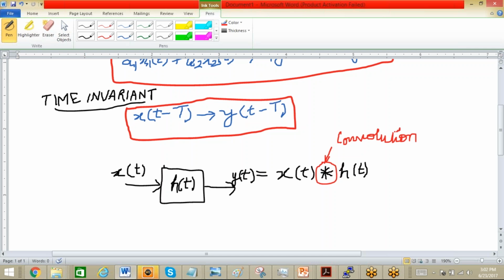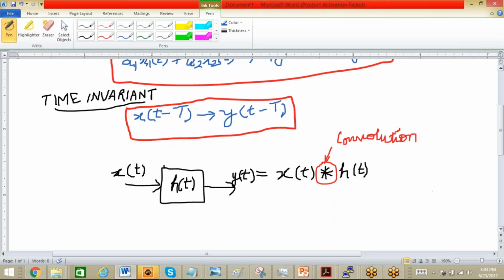Okay, this is the symbol of convolution, and this is nothing but a kind of integral ranging from minus infinity to plus infinity, and like the product of the entire system divided by tau, that I will explain to you.